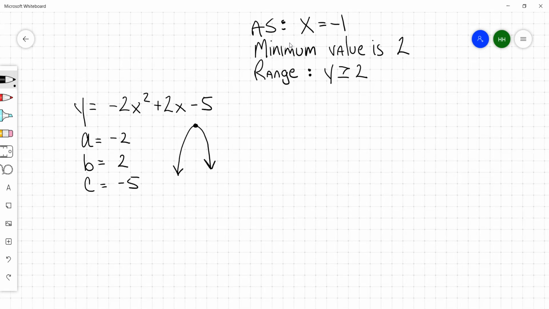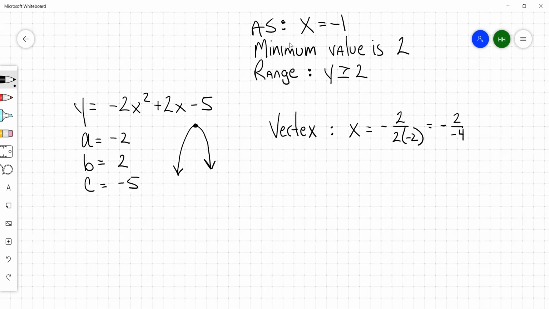So we need the vertex. We need x at the vertex. All right, so our x at the vertex is equal to the opposite of b over 2 times a. In the numerator, you got a 2. In the denominator, you got 2 times negative 2, which is negative 4.